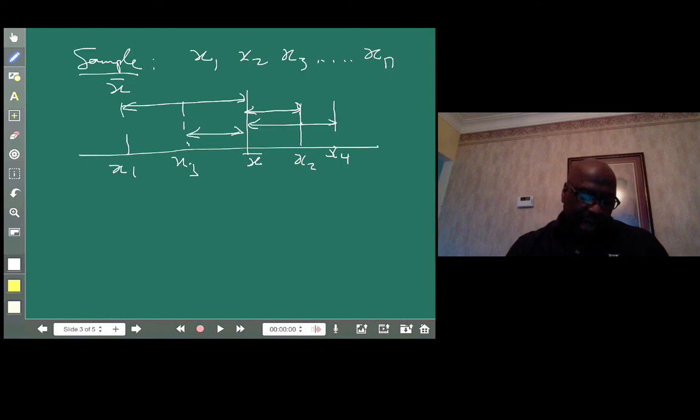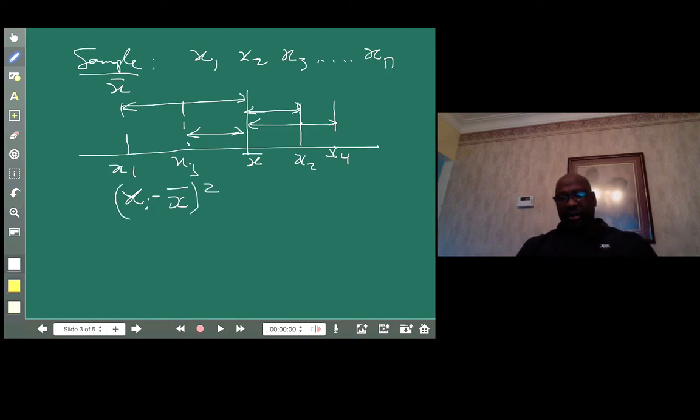So if I took each value, let's call it xi, and subtracted x bar, I get that distance. Now, if the values here, x1, x2, for example, are smaller than the mean, the differences will be negative. If they're larger than the mean, they'll be positive. So to get rid of that, we take those values and we square them.